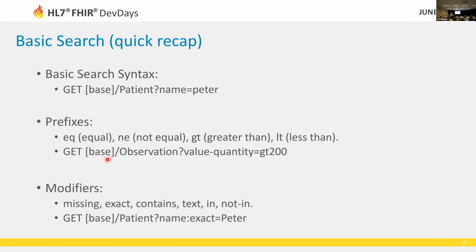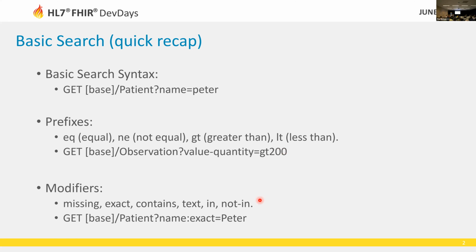So if you want to return observations from the FHIR server whose quantity is greater than 200, you can use these abbreviated prefixes, as in this example, we're using value-quantity equals GT200, but there are other prefixes. Some of the examples provided here are NE, GT, LT, and we do have prefixes for approximation and so on.